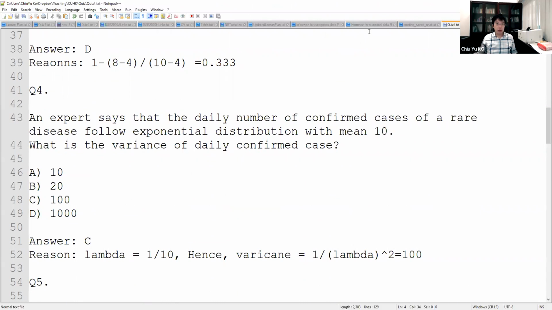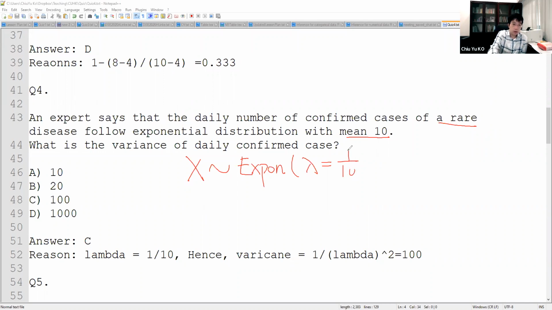Then the next question would be where the disease follows the mean 10, right? So basically X is following exponential with lambda equal to 10. No, lambda equal to 1 over 10. Why? Because expected X is 1 over lambda, okay?